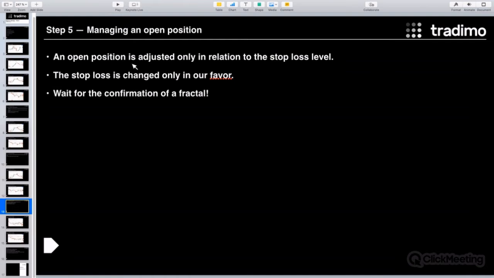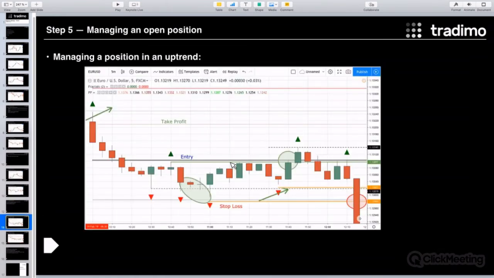Yeah, and of course we need to wait for confirmed fractals. This is always important, to wait for the confirmation of a fractal. Okay, how this looks like in practice. So for example here, we are entering, this was our entry level, and the initial stop loss level was this.